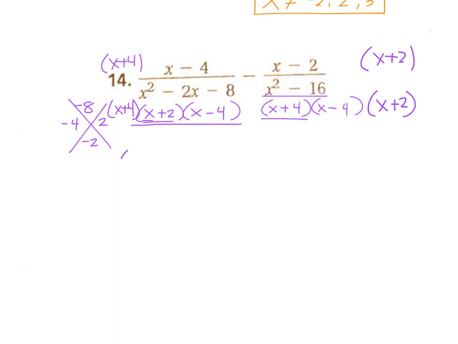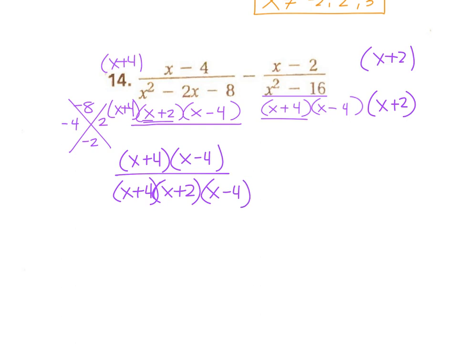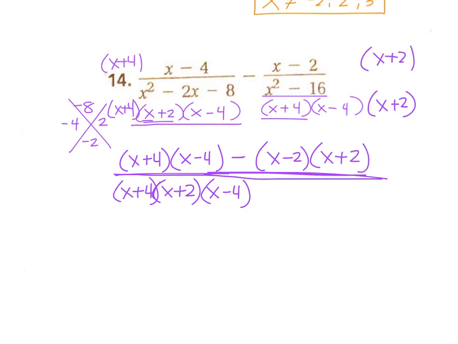I'm just going to rewrite it so it's neater. x plus 4 times x minus 4 over x plus 4 times x plus 2 times x minus 4. Okay, so that's our common denominator, so we don't really need to rewrite the denominator again. We would just do minus, and then it's x minus 2 times x plus 2 is what we're looking at.